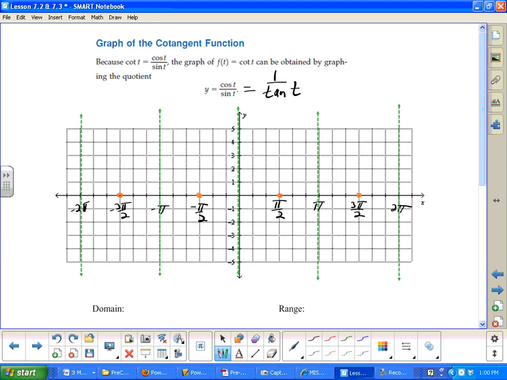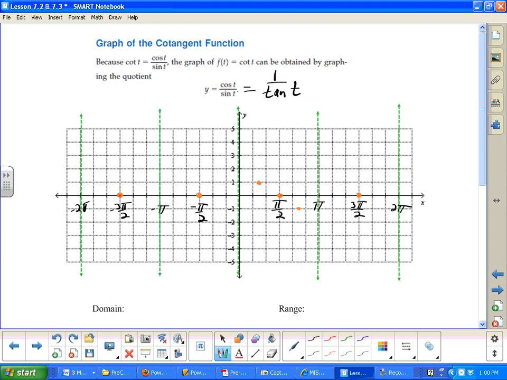At pi over 4. So at pi over 4, tangent and cotangent are both equal to 1. Okay. When is tangent equal to negative 1? So at 3 pi over 4, cotangent is negative 1.